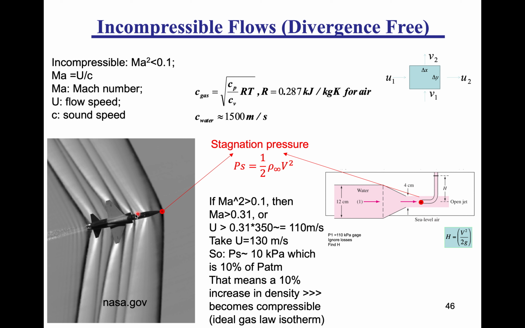So now what happens if this airplane is moving faster than the speed of sound? Let's take it when it's moving slower than the speed of sound. Imagine a fluid particle that is ahead of the airplane, upstream of the airplane. That fluid particle will know that the airplane is coming because it senses the pressure waves coming from the nose of the airplane.